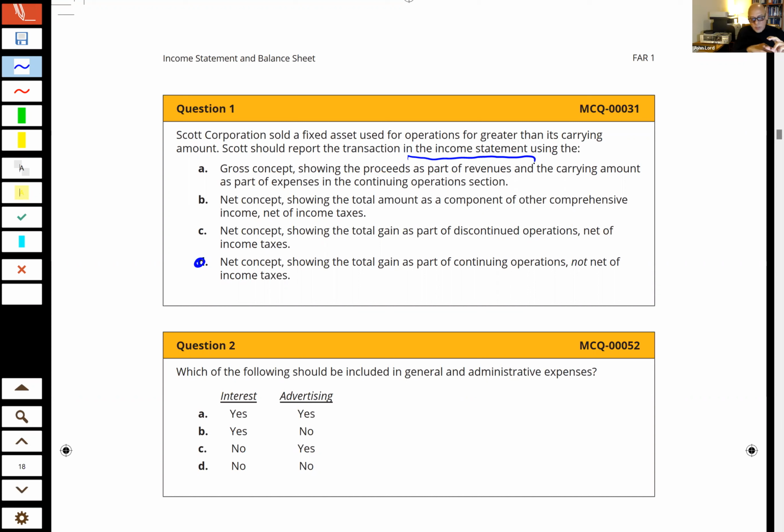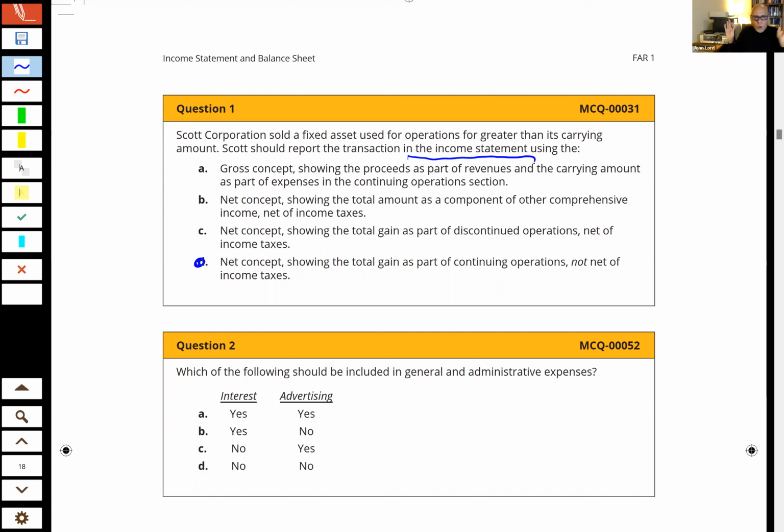Now, I think the reason maybe some of you got confused on C, maybe you're thinking that if you sell a fixed asset, that means you discontinued an operation. So if I'm a university, a teaching organization, and I sell a set of projectors, does that mean I discontinue that entire operation? No, I just sold some equipment out of my company.